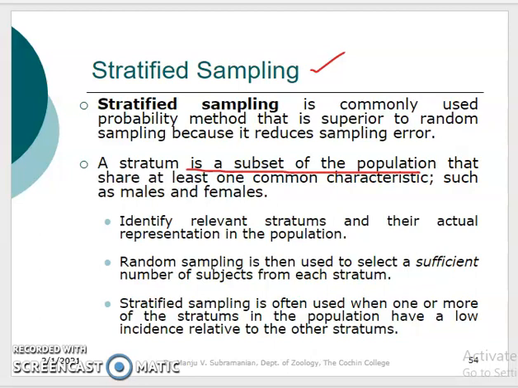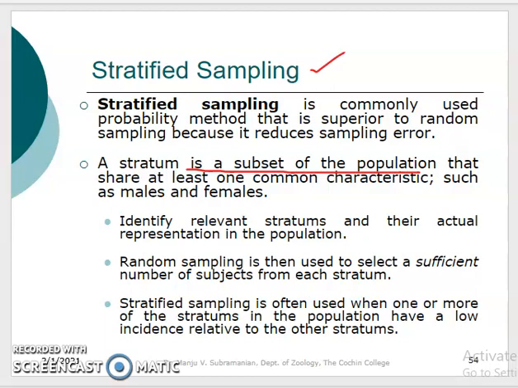So in stratified sampling, the heterogeneous population is divided into several more or less homogeneous sections or groups, called strata, and a sample is drawn from each stratum by simple random sampling. It gives a more representative sample and accuracy.